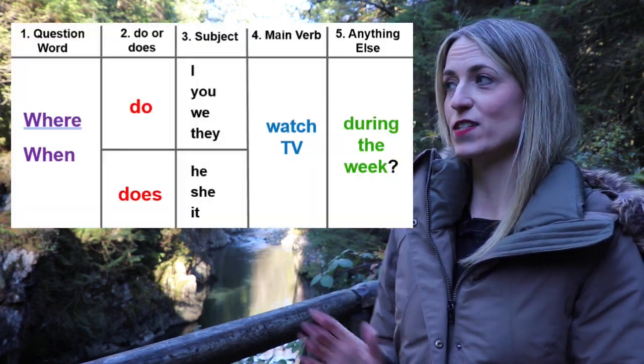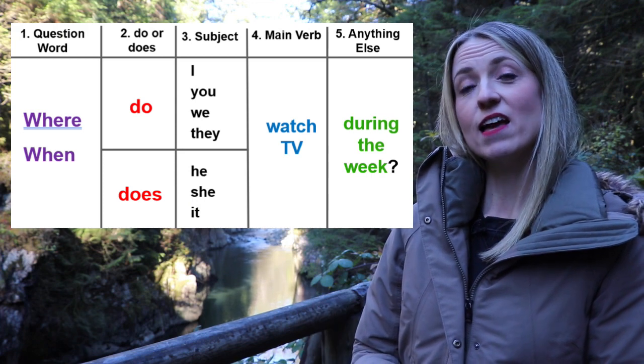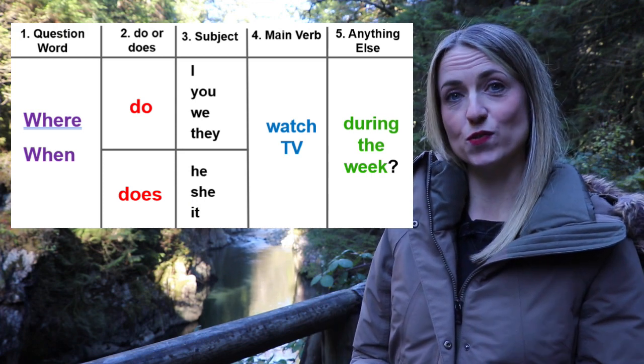Using question words is easy, as we're going to use the exact same construction as we did with our yes/no answer questions with do or does, but we will place the question word or words in first position. Take a look at my chart. In first position, we put the question word.